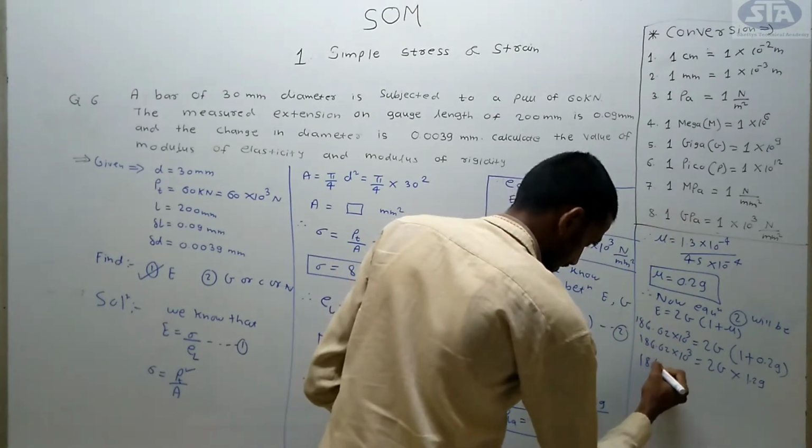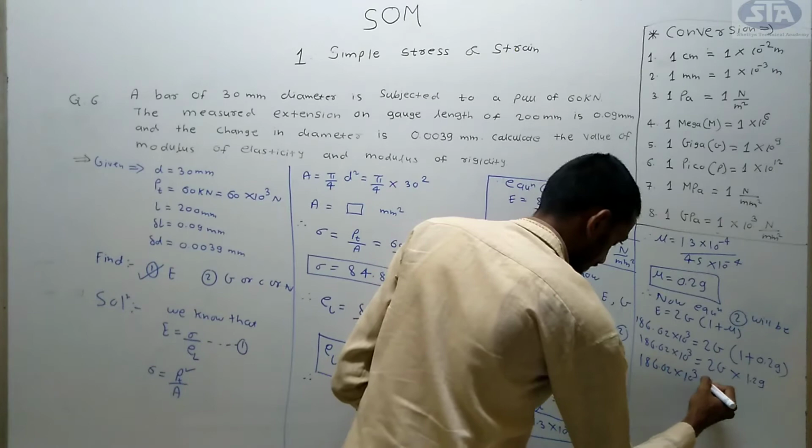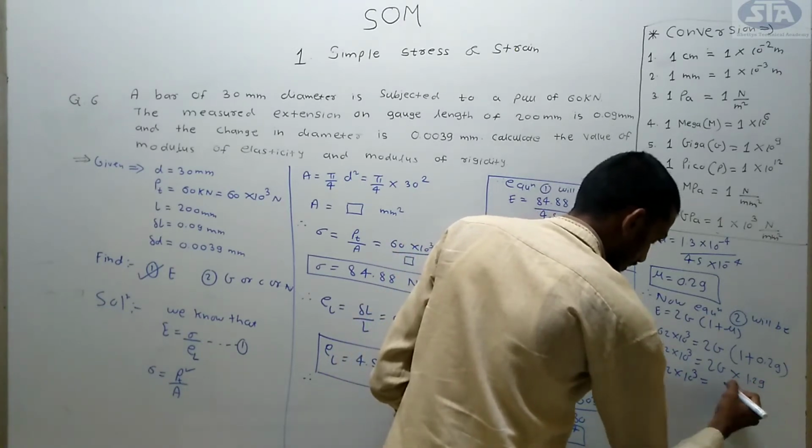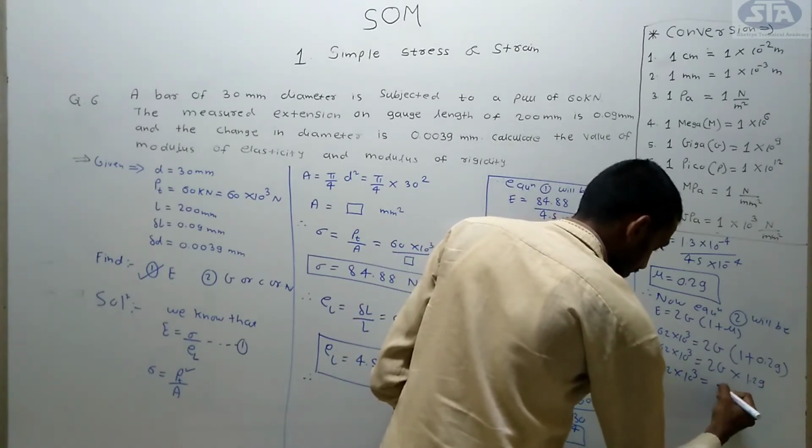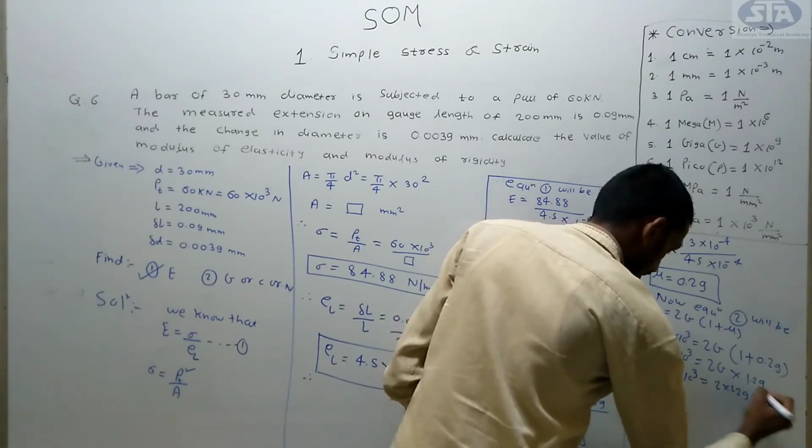Now 186.62 into 10 raised to 3, 2 into 1.29, that is 2 into 1.29 G.